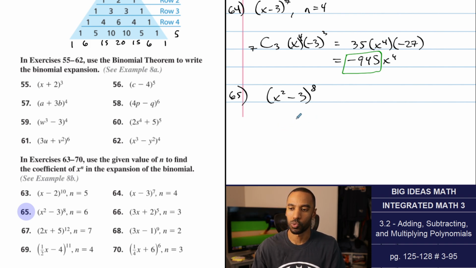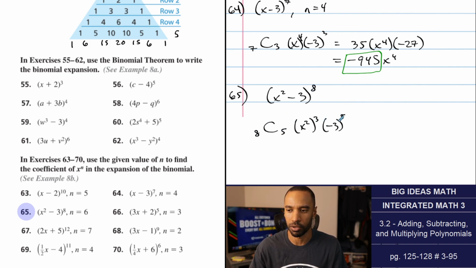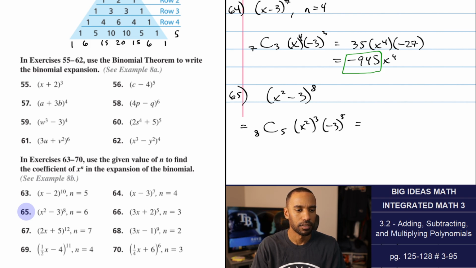So with this one, I want to do x squared to the 3rd power. That's going to get me x to the 6th, right? That means I need my negative 3 to be raised to the 5th power, because 3 plus 5 is 8. And I'm going to be doing 8 choose 5 to get the coefficient that goes in front. So 8 choose 5 is 56.